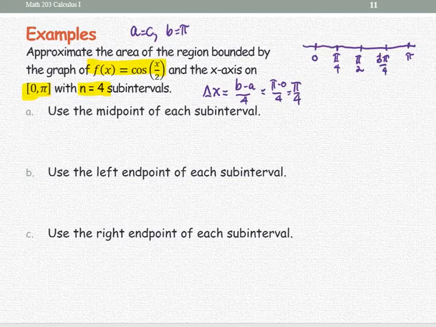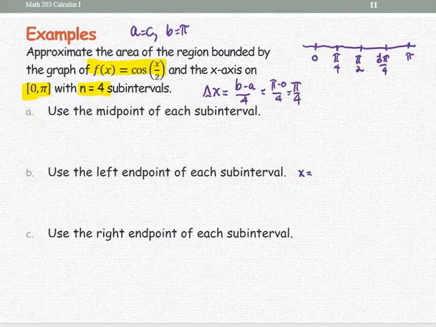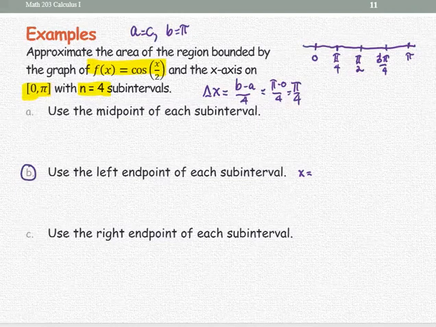Yep, thank you. So we did the left and the right endpoints, correct? Let's make a list for part B and part C. For the left endpoint, what x values are we going to use?